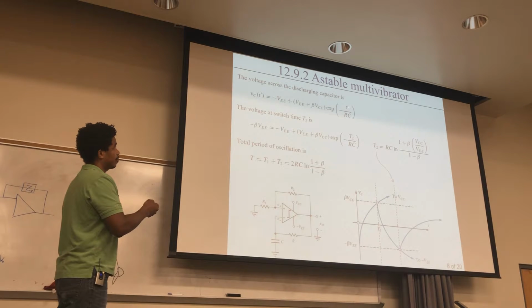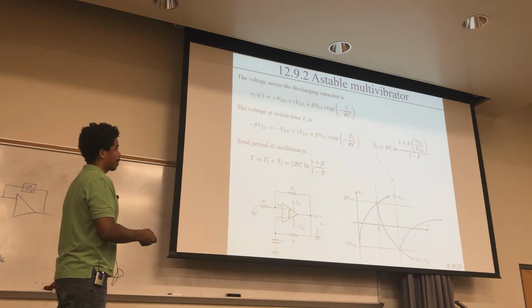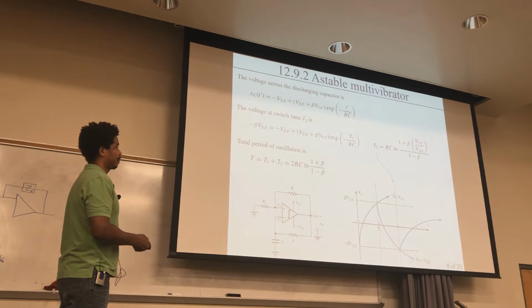Then as T prime goes to infinity, the exponential of some argument going to negative infinity is going to be 0, right? So your final value is negative VEE, and as time T prime goes to infinity, it eventually gets to negative VEE. So that's this right here.